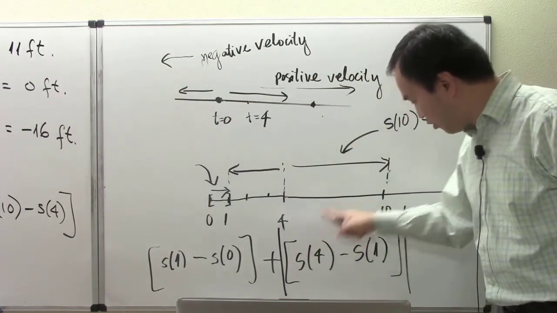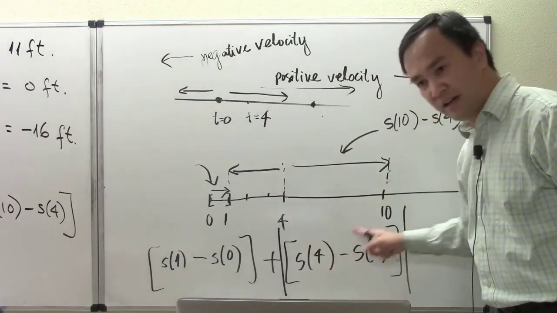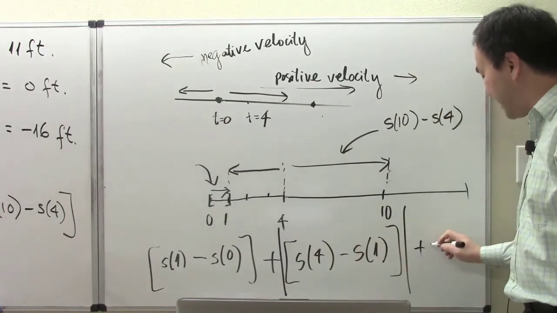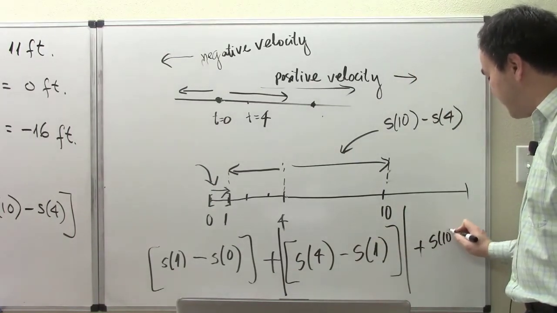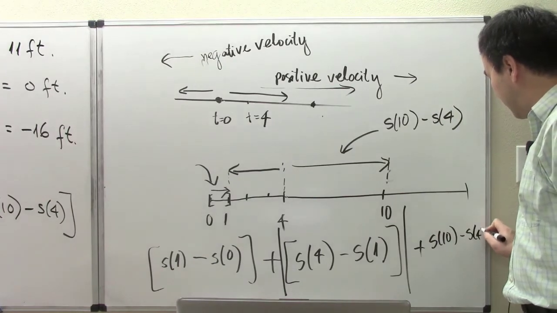So I go back to that earlier work and put that in absolute value, and then add that to the other part, S10 minus S4.